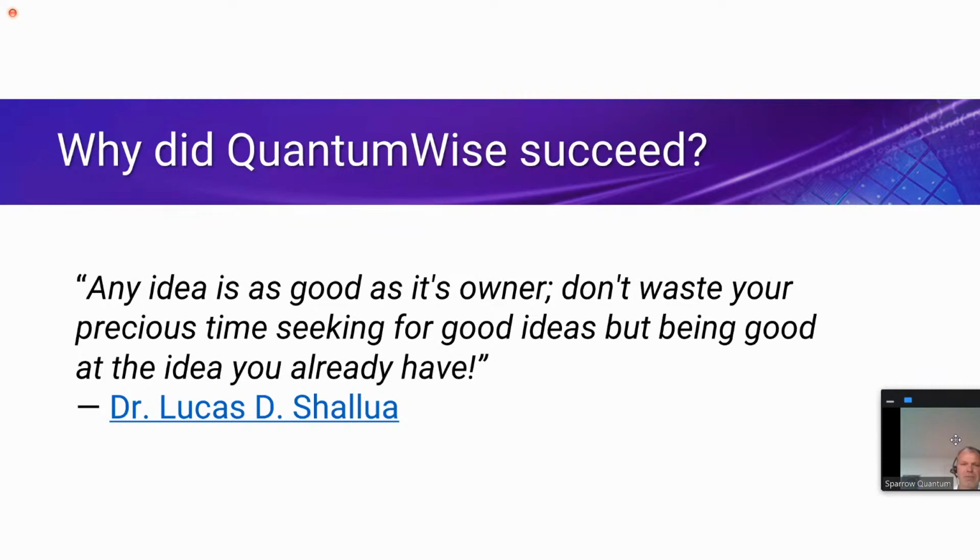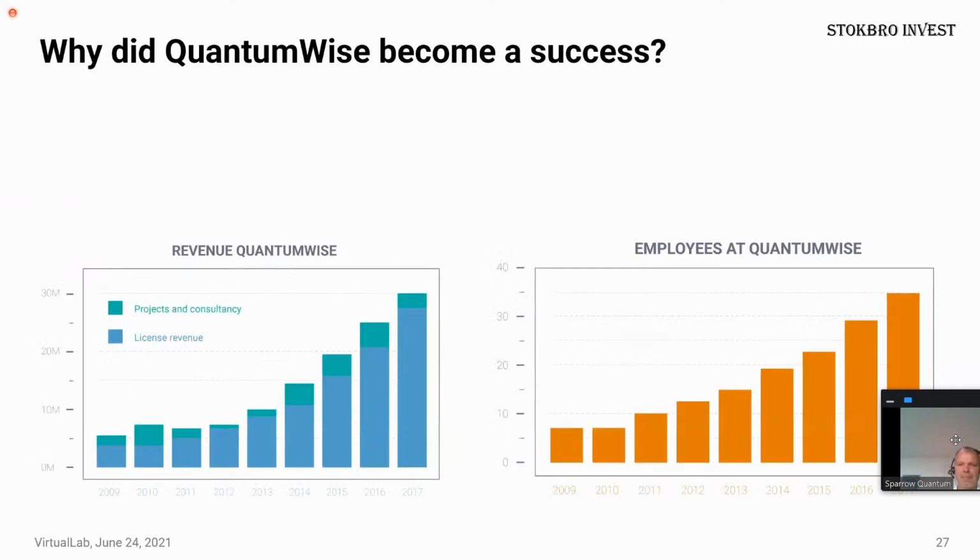In QuantumWise, you can see there we didn't have the same peak in employees. It was a steady stream of new employees, and we didn't hire more until the new employees, the old ones, were well integrated and productive, and we were ready to take on new employees, and we had enough revenue to sustain them.